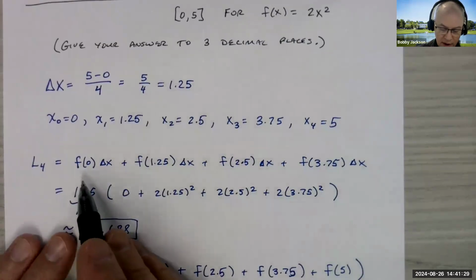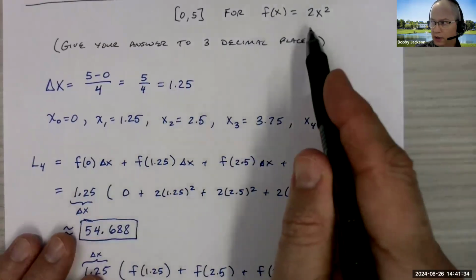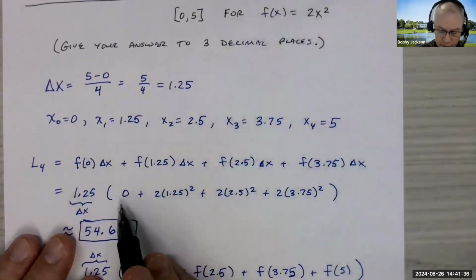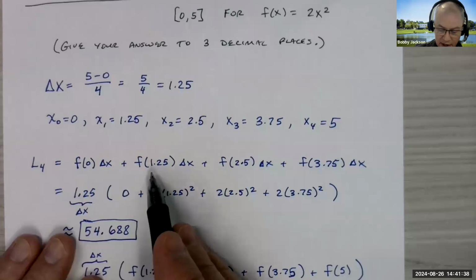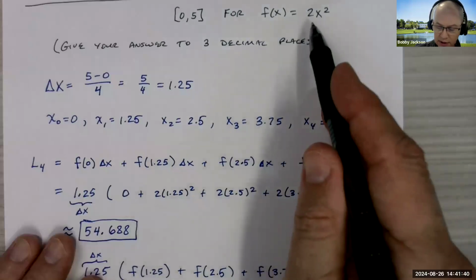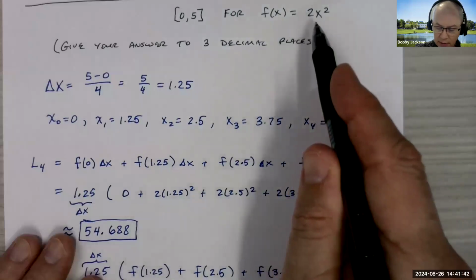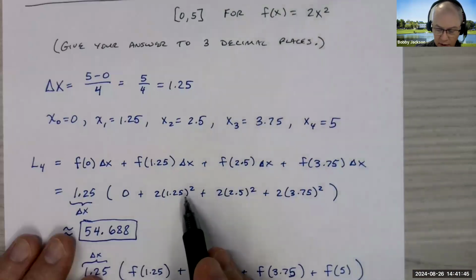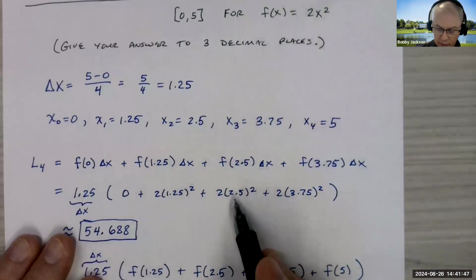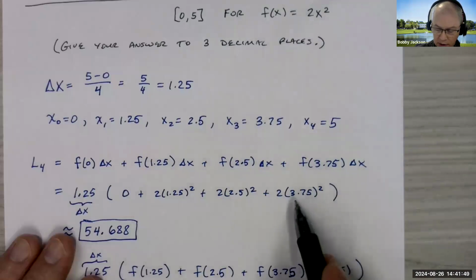I'll get 1.25 times the quantity, what? f of 0. Well, if I plug 0 into this function, I get 0. So I'm just putting 0. Plus f of 1.25. So replace x with 1.25. I have 2 times the quantity 1.25 squared. Then f of 2.5. And then finally f of 3.75.